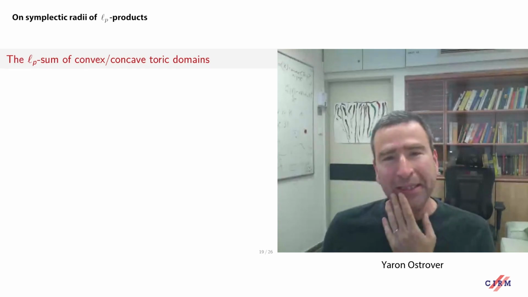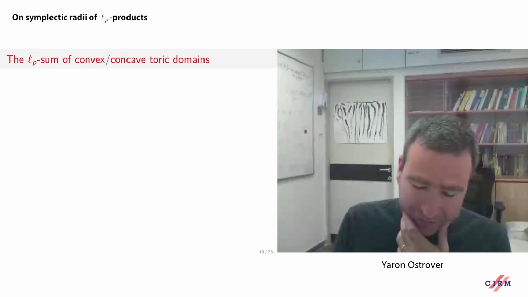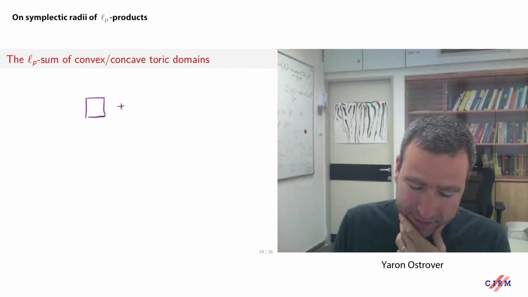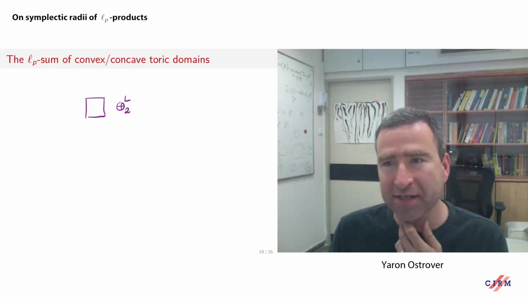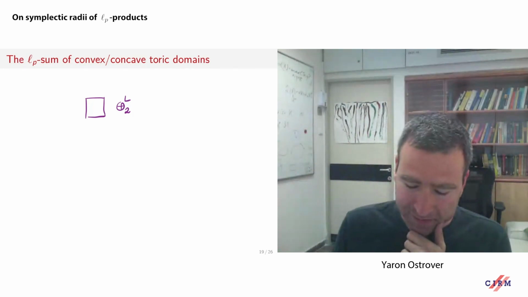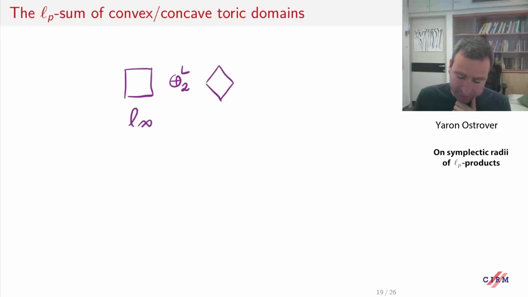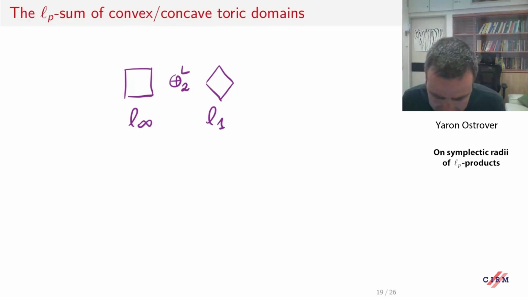For example, in simple examples like the sum with respect to a Lagrangian splitting of a square, say the L infinity and the L1, I believe that one can do this in some sense using the work of Ramos and Sepe.